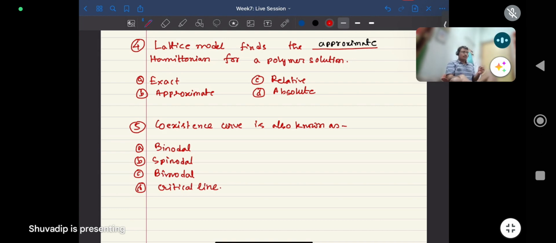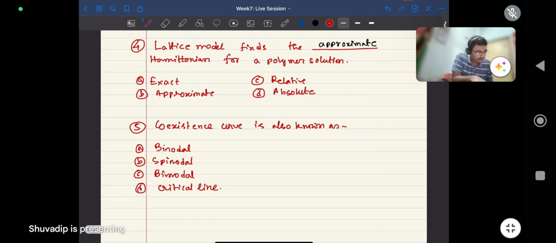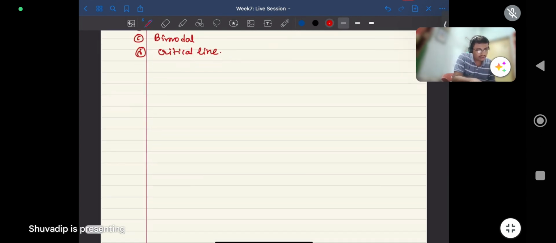So first we have to understand what is binodal and what is spinodal. So let us go there slowly.